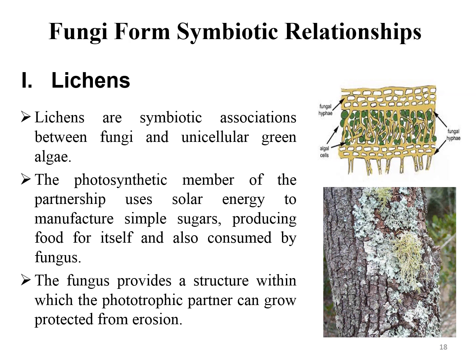So, lichens are a symbiotic association between fungi and unicellular green algae. The photosynthetic partner, the algae, uses solar energy to manufacture simple sugar, producing food for itself that is also consumed by the fungus. In return, the fungus provides a structure within which the phototrophic partner can grow, protected from erosion.